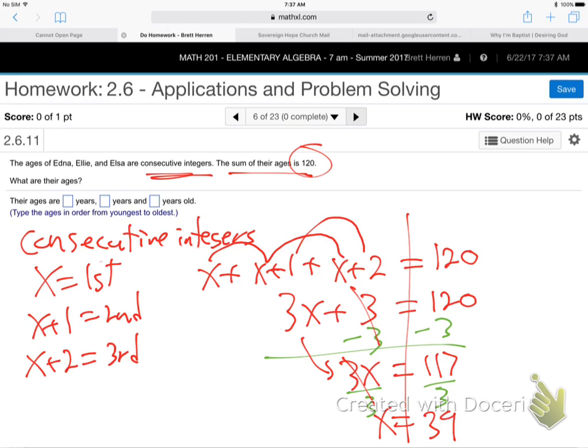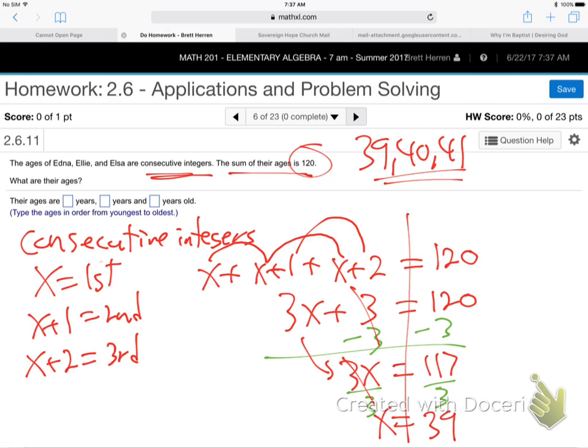Yeah, x is 39. And now, what does that mean the three numbers are? 39, 40, and 41. Those must be their three ages. Is that good? Are these word problems making sense? So consecutive means in a row. Just add 1 every time.